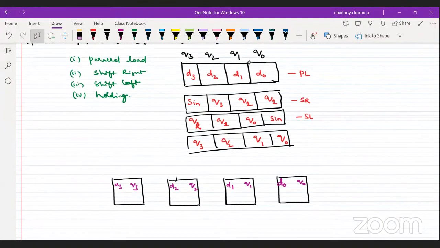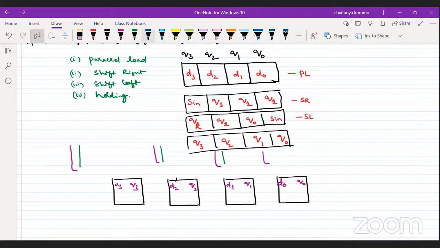Now, if you want to perform the parallel loading operation, what has to be done? D3 has to come here externally, D2 here, D1 here, D0 here. This is the one line. Another line is SIN, which has to come for shifting operation.